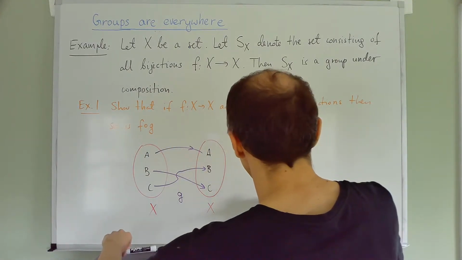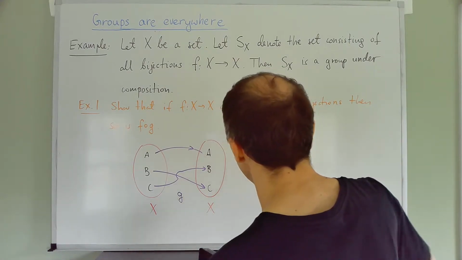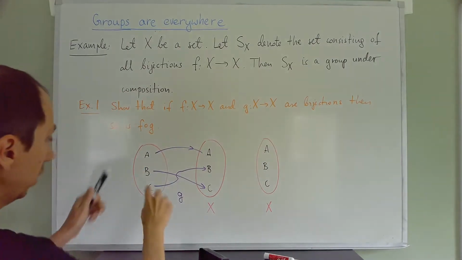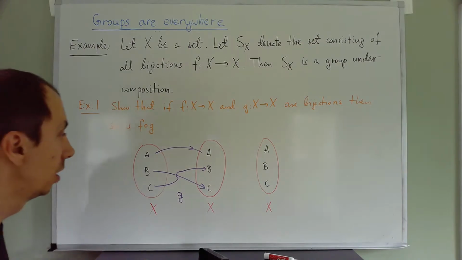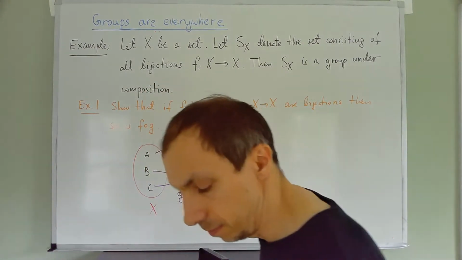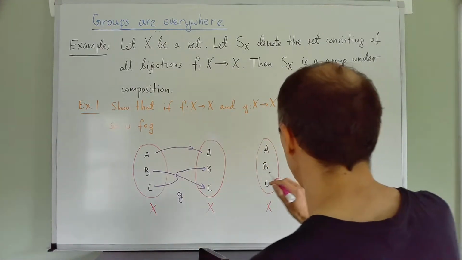So again, it's still the same set X, A, B, C. And I still want a bijection, right? This is a bijection. Different elements go to different elements, and the range is X. So maybe now some other really nice color here. I have a pink.